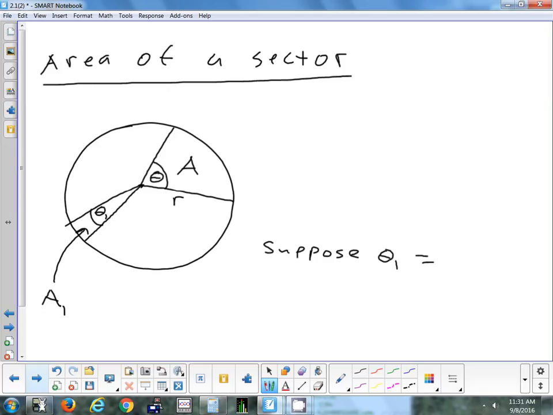Okay, and I'm going to start out with a diagram again. It's pretty much the same diagram I had last time, except I'm not focusing on arcs. I'm going to focus on areas. So what I've done here is I've drawn a circle again. Inside the circle, I've put 2 angles, same angles I used last time, theta and theta 1. And I've also labeled the areas that those 2 angles create.